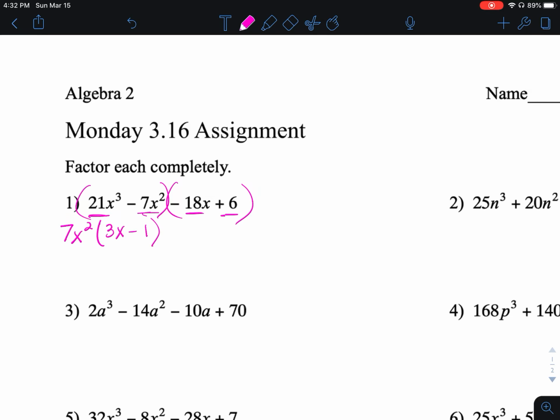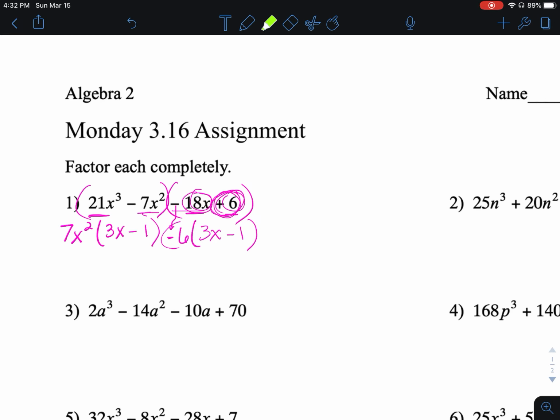All right, so then over here, what I'm going to do is go ahead and bring down this negative. What can I factor out of 18x and 6? Well, I can factor out a 6. So remember, if I'm factoring out a negative 6 out of negative 18x, this becomes a positive 3x. And then if I'm dividing a positive 6 by a negative 6, that's going to be a negative 1.